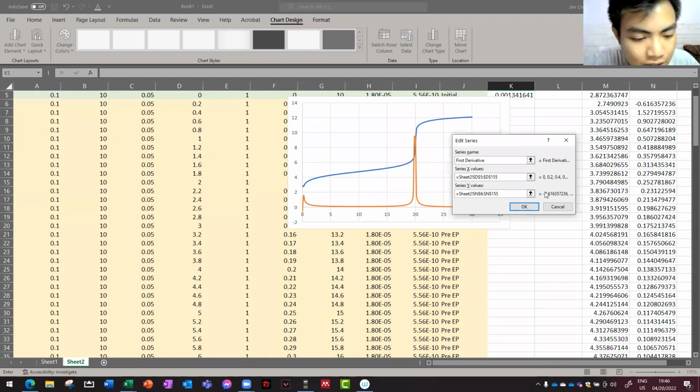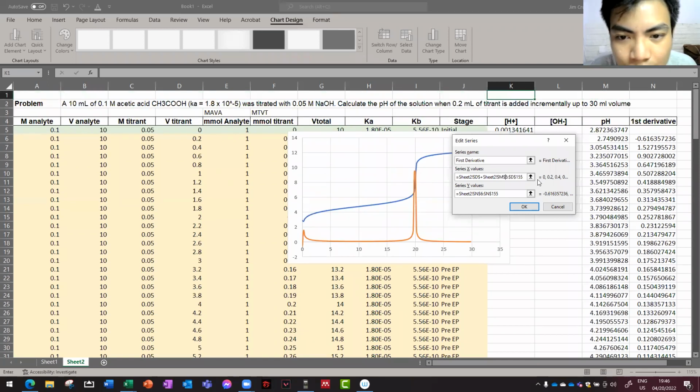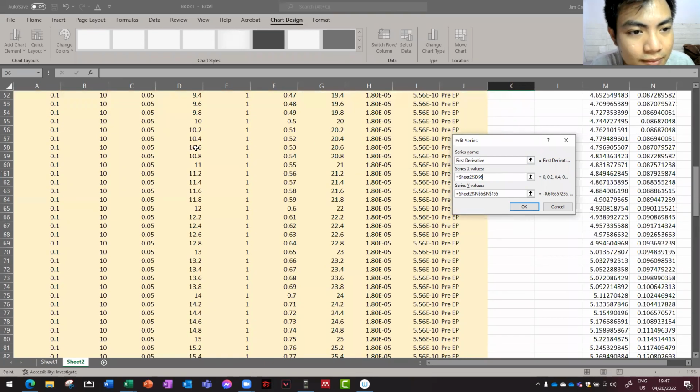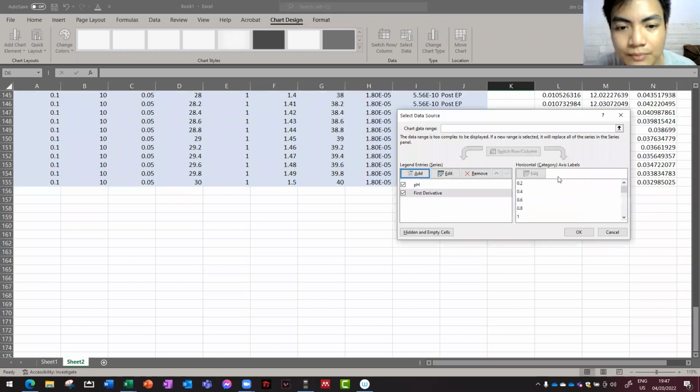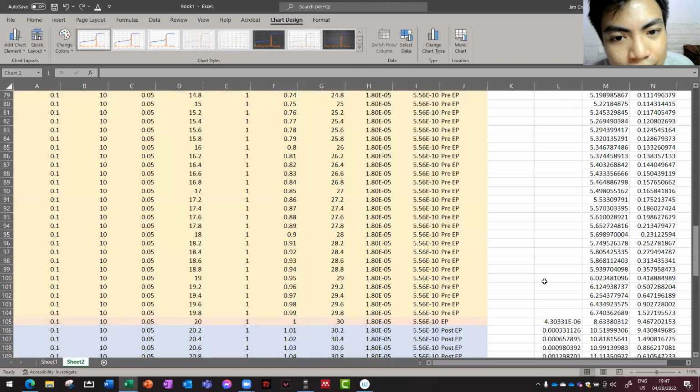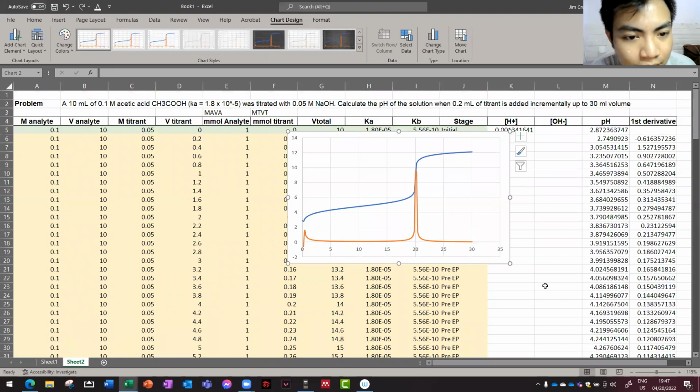So I'll just change this to 6. Oops, it got messed up. So I'll delete everything. So again, you should not begin at 0, rather on the first entry below it. Okay, so yeah, and then press OK. And another OK. And there you have it. You have the curves.